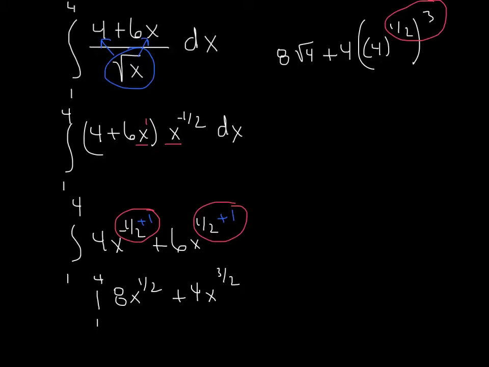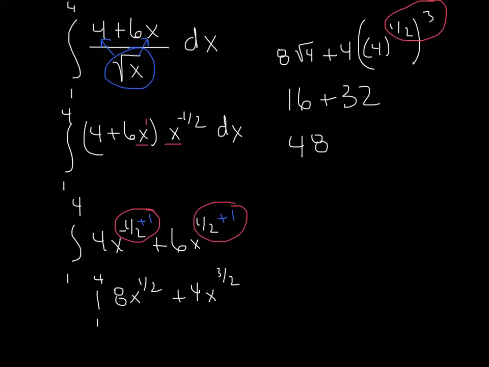So I'm going to end up getting 2 times 8, which is 16. And then here I'm going to take the square root of 4, which is 2, cube it, which is 8, times 4, which is 32. And that's going to be 48.